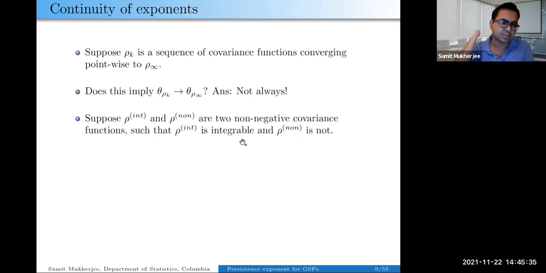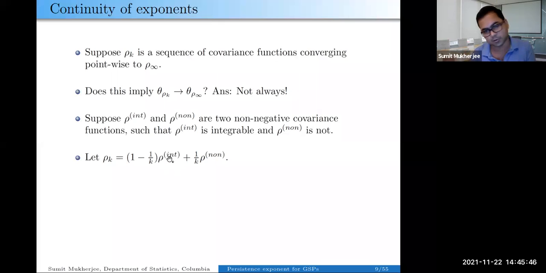Okay, so these are two correlations or covariances. Doesn't actually matter, but okay. So fix two of them. And then take this sequence. So most of your correlation or covariance comes from your integrable part, but a small part comes from the non-integrable part. So it's a convex combination of these two correlation functions.